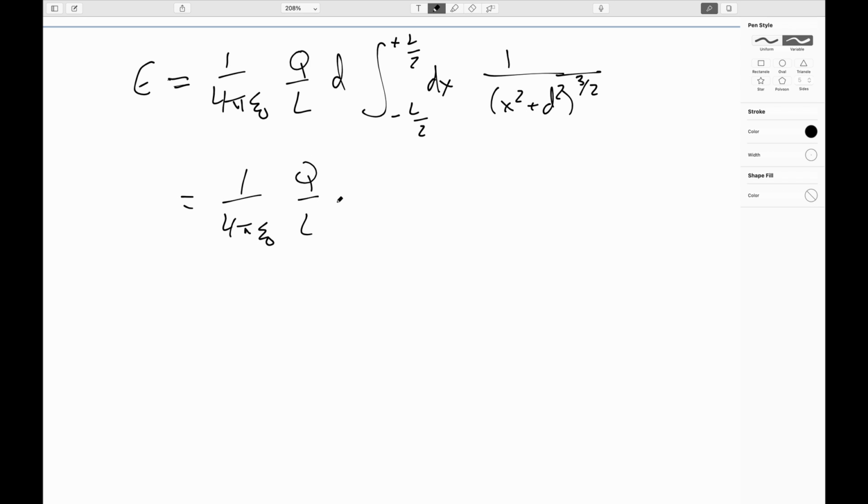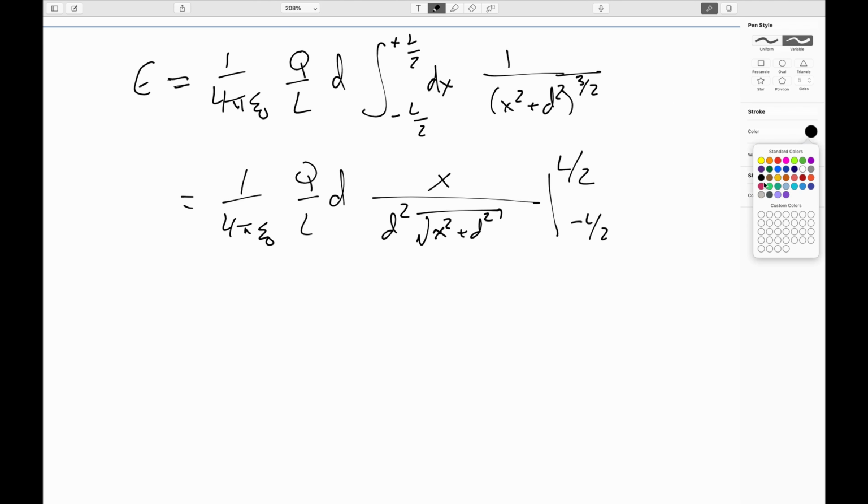And when you do, you get that the integral is equal to x over d squared times the square root of x squared plus d squared, evaluated from minus L over 2 to L over 2. So we can cancel 1 power of our d here. That's good.